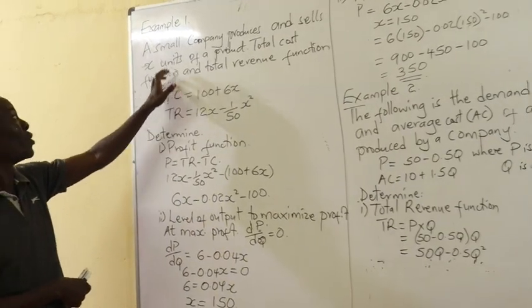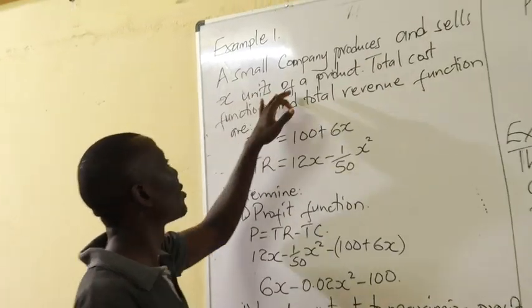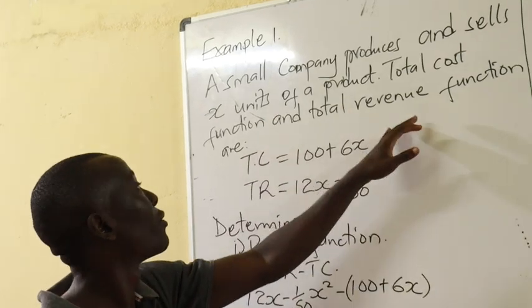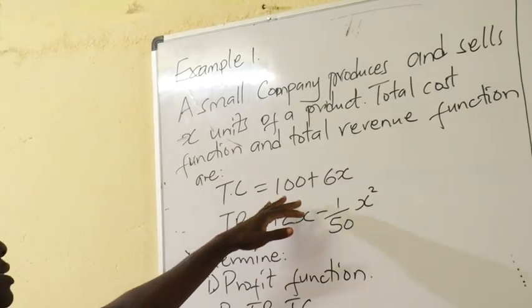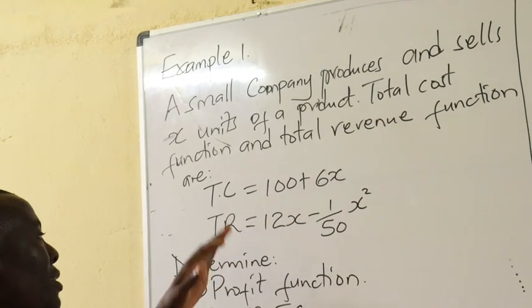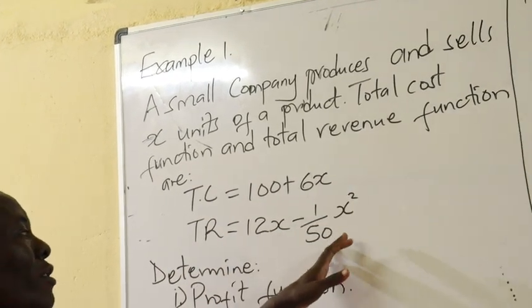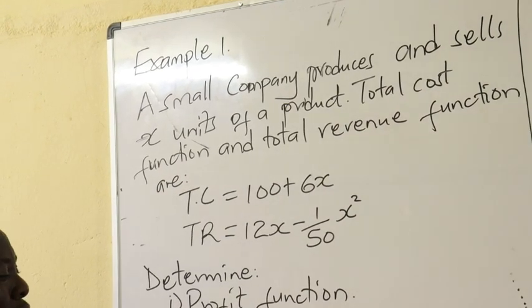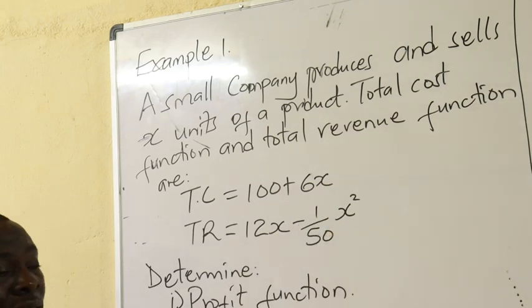The first example says a small company produces and sells x units of a product. The total cost function and total revenue function are as given below. The total cost function is 100 plus 6x, and the total revenue function is 12x minus 1 over 50 x squared. For easier calculation, we'll convert this fraction, 1 over 50, into a decimal.